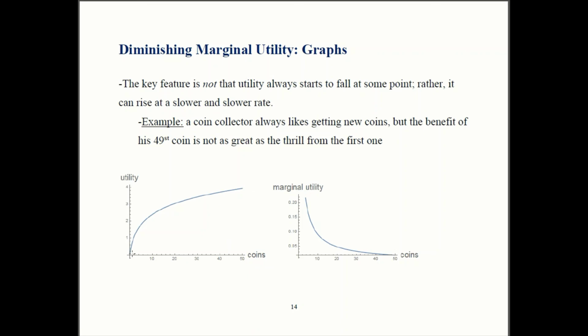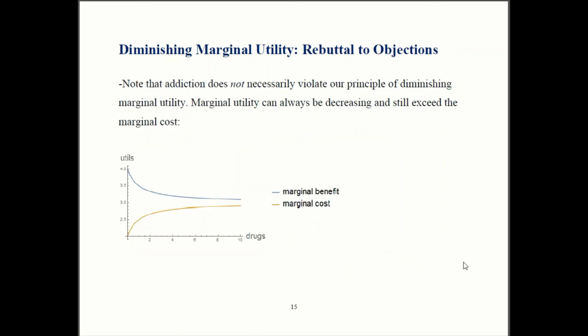If you were to graph marginal utility from that, you get a picture that looks like this, and that is steadily going down. So the point is that marginal utility will always have a negative slope, and that could mean that total utility goes down, or it could mean that total utility goes up at a slower rate. That's what diminishing marginal utility is all about.